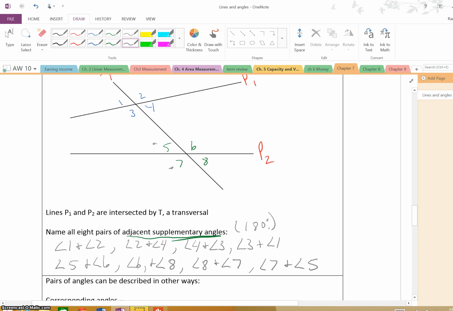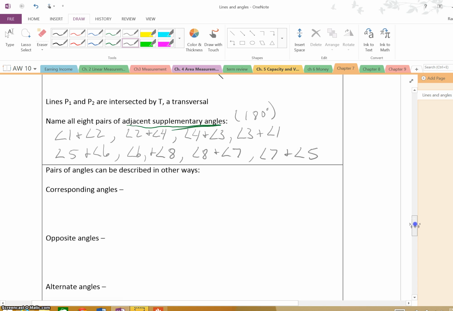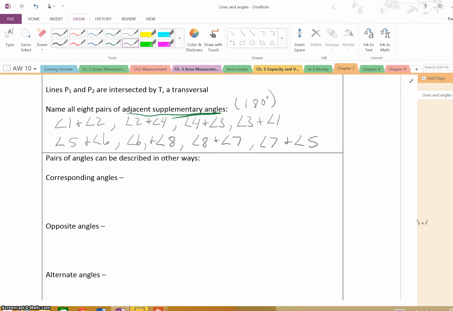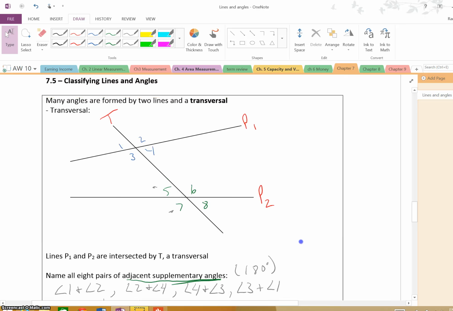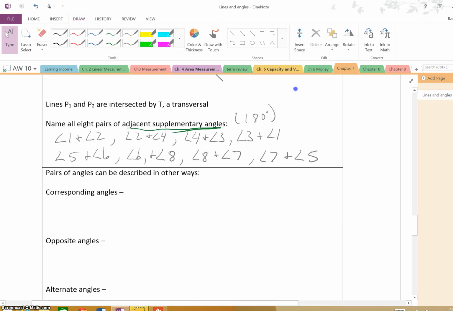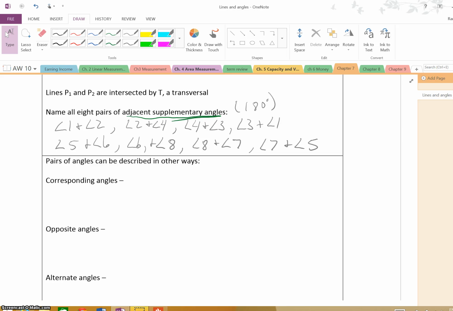Okay, and this diagram also gives us some other things. It gives us what are called corresponding angles. These are other pairs of angles that can be described when you've got two lines that are divided by a transversal, just like what we have here. One example is corresponding angles.